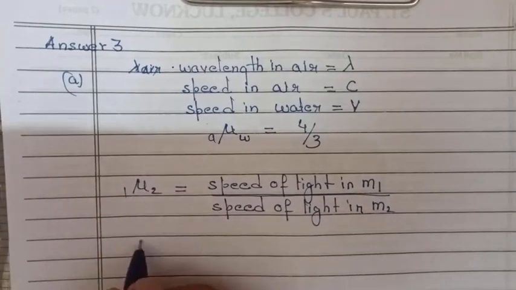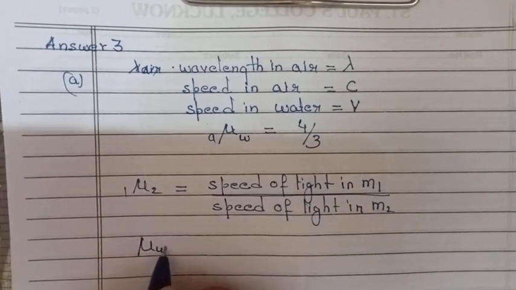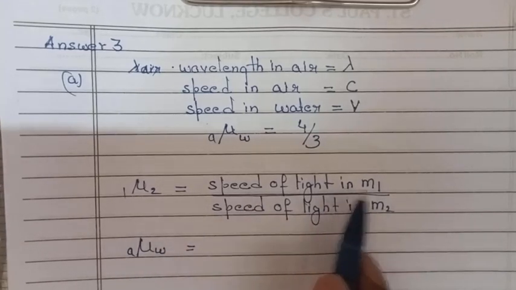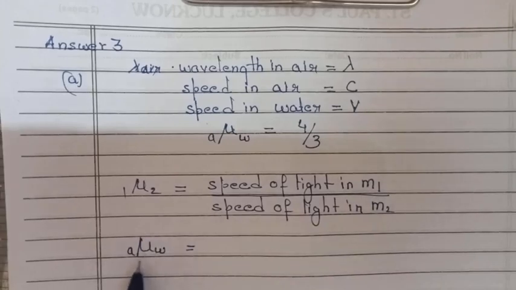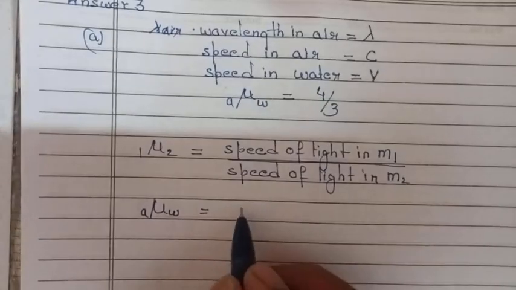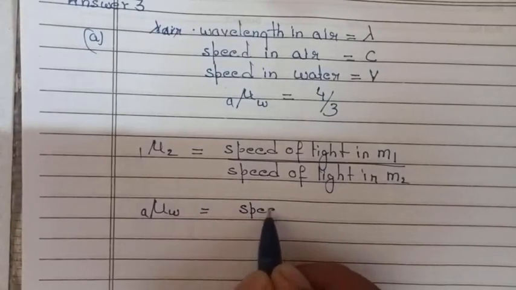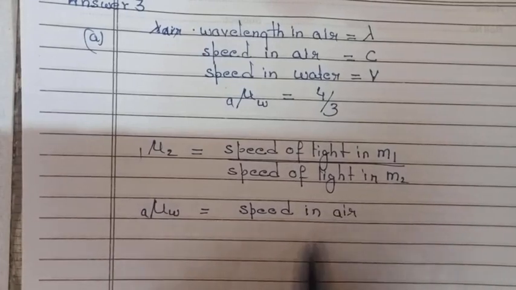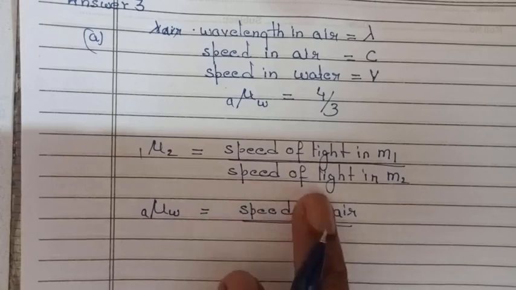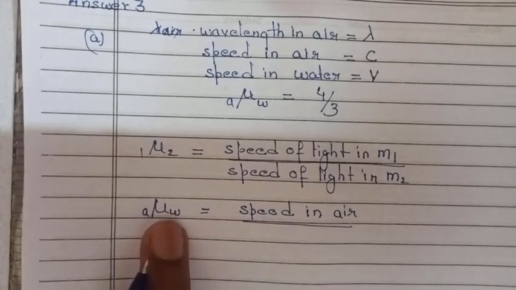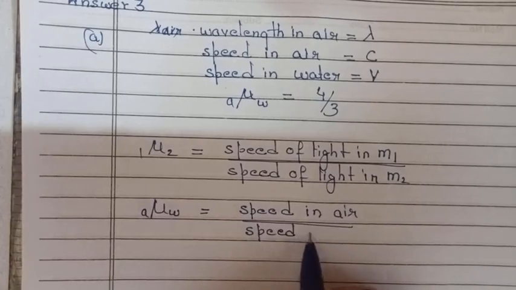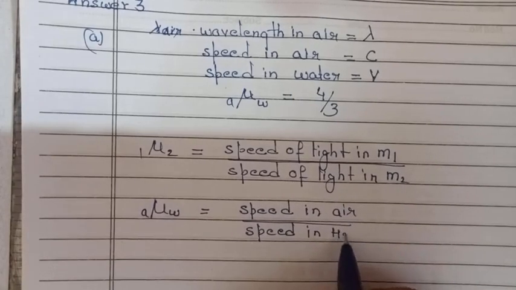So on the right side I have to write speed of light in medium 1, that is air, so speed of light in air, upon speed of light in medium 2, that is water, so speed of light in water.